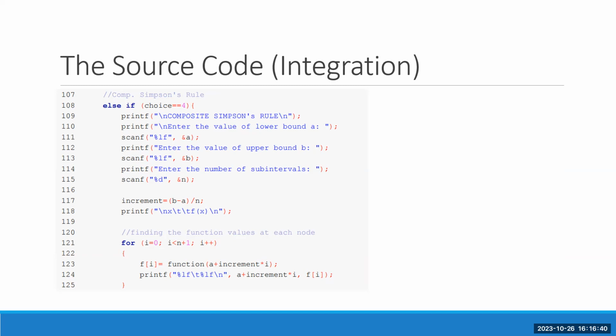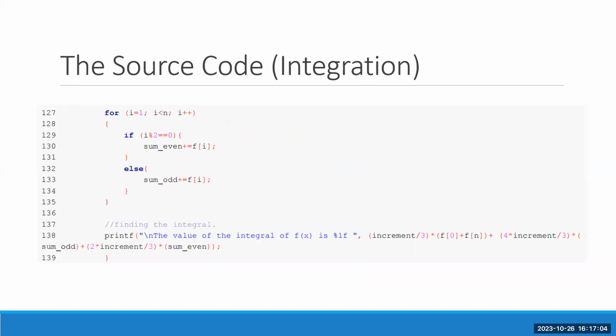The code then finds the function values at each node and displays them in a table. It calculates the integral using the formula for Simpson's one-third rule, which involves summing the function values in an alternating manner for even and odd indices. Finally, it provides us with the value of our integral.